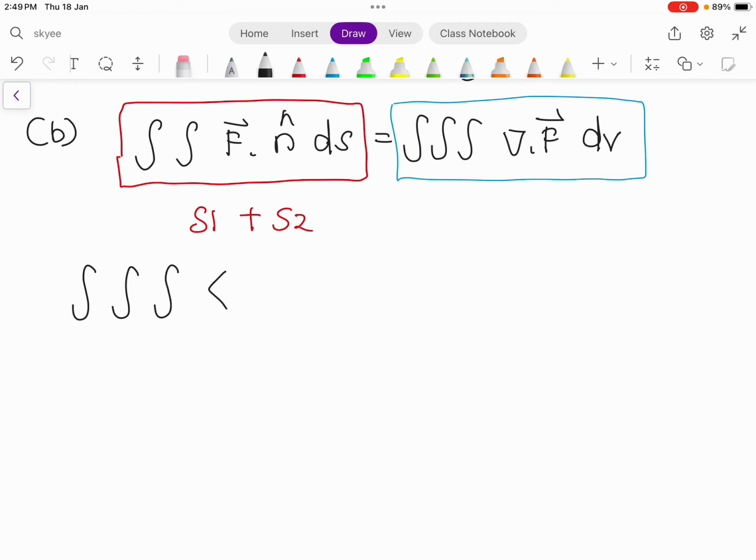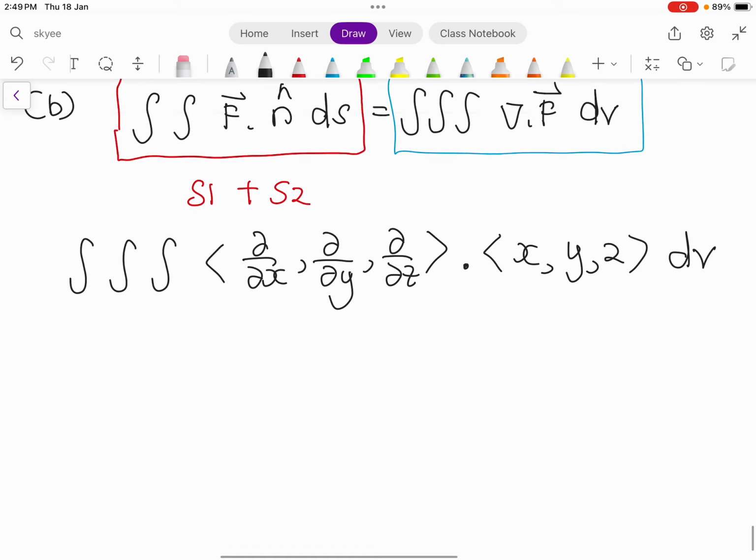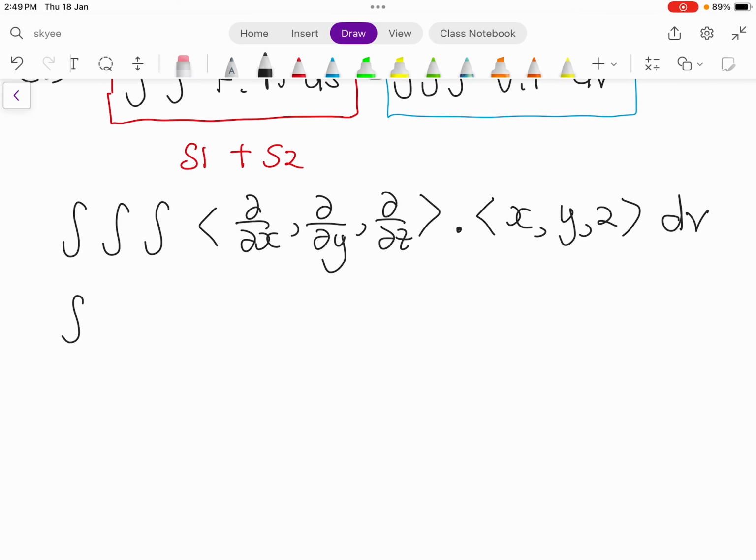Divergence means your dot product, this is the del, dot product with the F, which is x, y, and 2. So let's simplify.